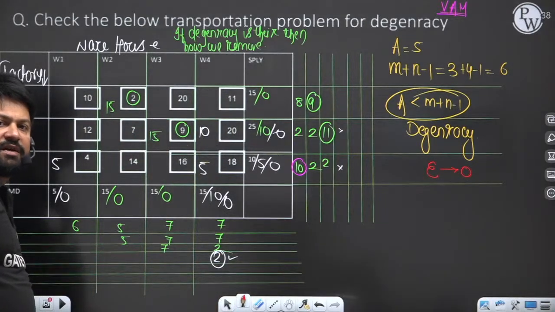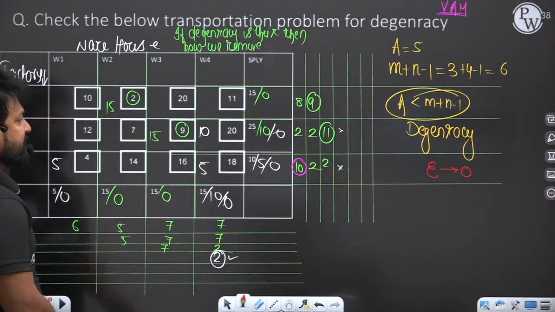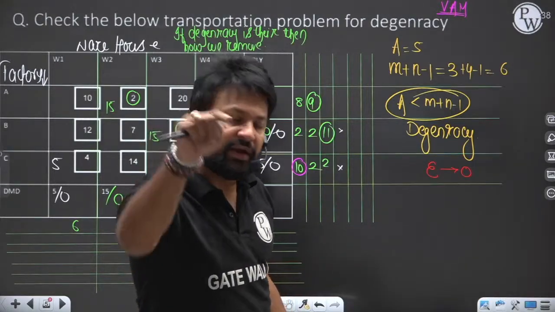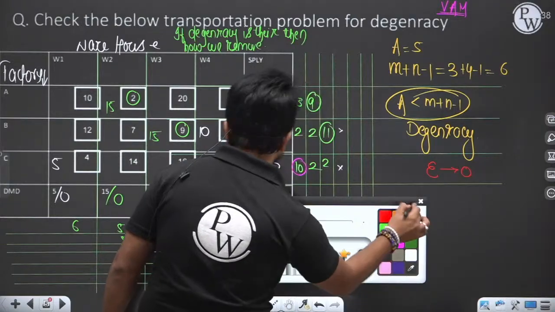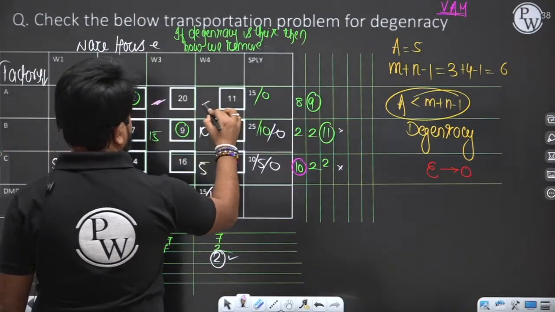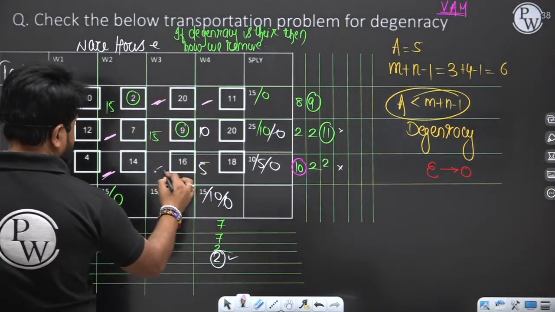The question is how can we remove the degeneracy? So we have to allocate eta from an unallocated cell. So which are the unallocated cells here? Unallocated cells are this one, this one, this one, this one, this one, this one, this one.